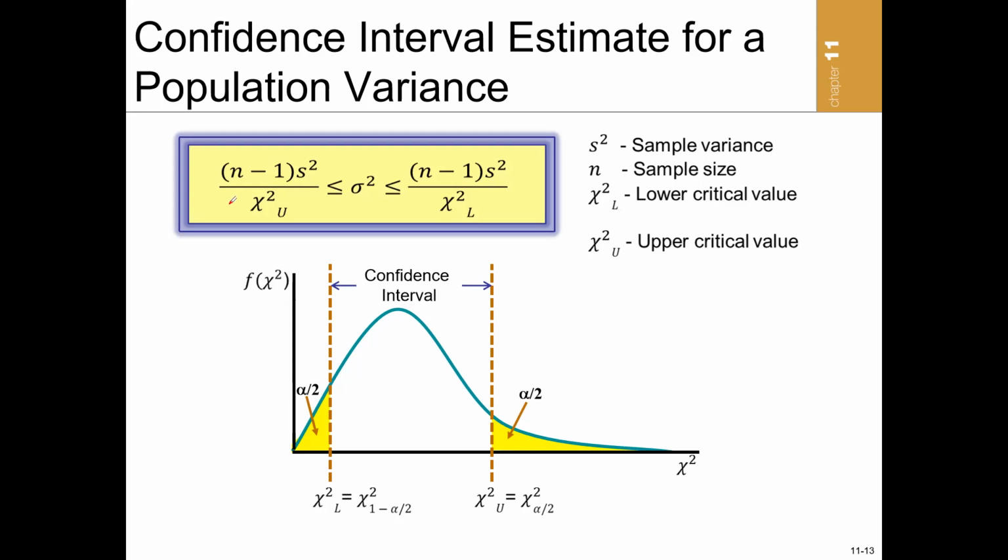So this is the formula: n minus 1 times the sample variance all over the chi-square of the upper bound. In the example we just did, the upper bound was 19.68, sorry.